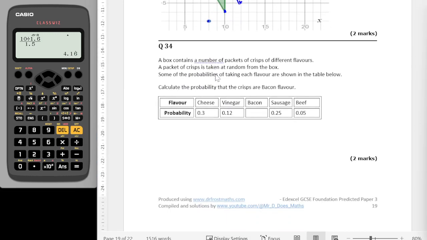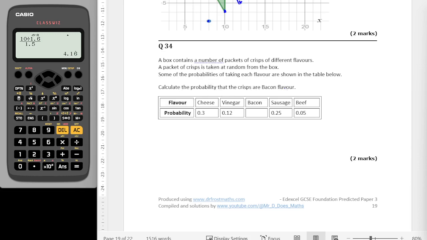Okay, question 34. A box contains a number of packets of crisps of different flavours. A packet of crisps is taken at random from the box. Some of the probabilities of taking each flavour are shown in the table below. Calculate the probability that the crisps are bacon flavoured.